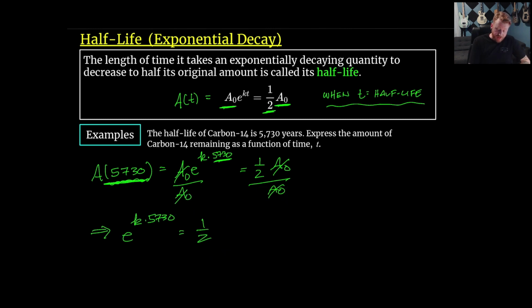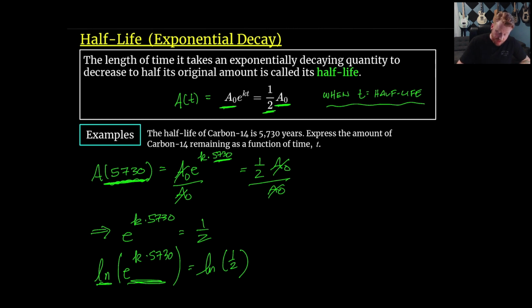At this point, we're trying to solve for k. It's trapped up in an exponent, so the way that we can deal with that is using logarithms. We will take the natural log of both sides, the natural log of e to the k times 5730 is equal to the natural log of 1/2. On the left-hand side, we have an exponential function being plugged into a natural log function.